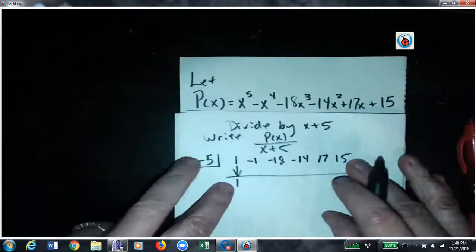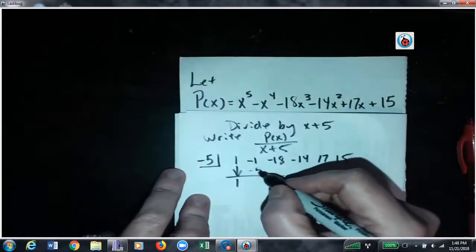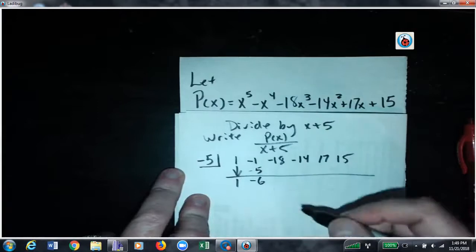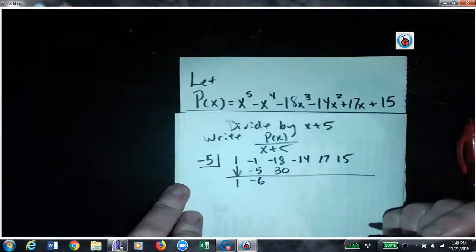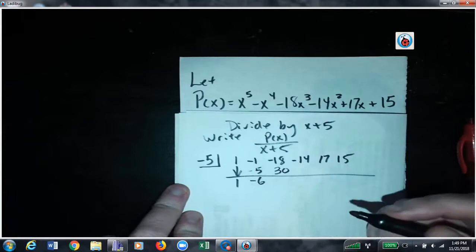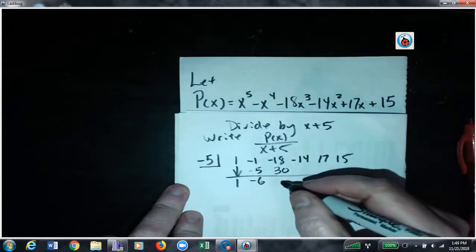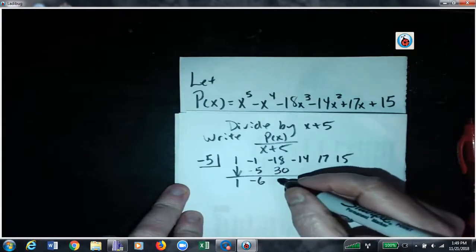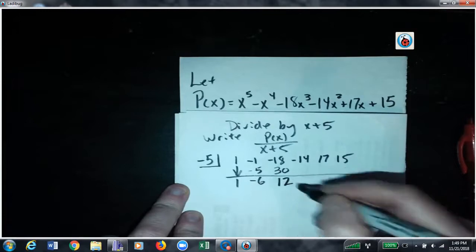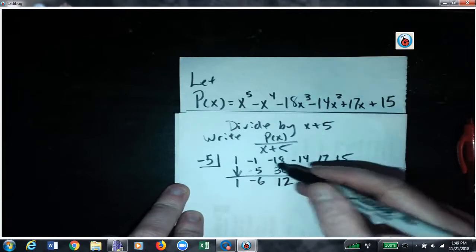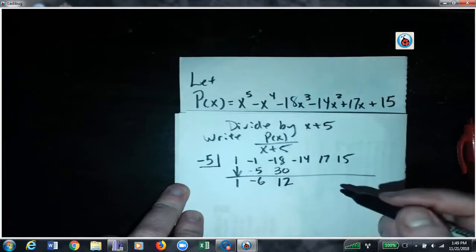Okay, 1 times negative 5 is negative 5, and then I add. Negative 6 times negative 5 is positive 30, and then I add. I think 12 and 18 is 30. So 30, negative 18 plus 30 should give me 12.